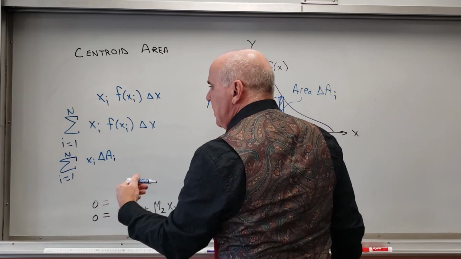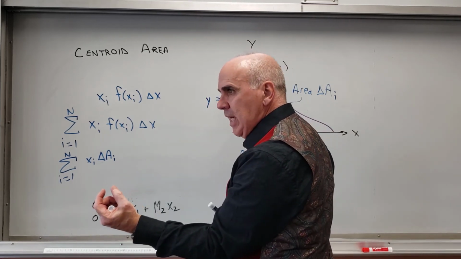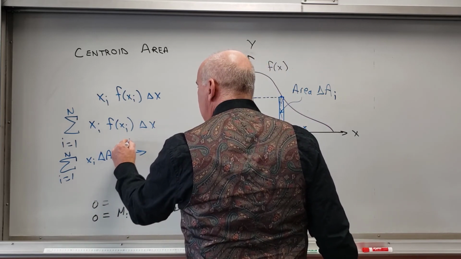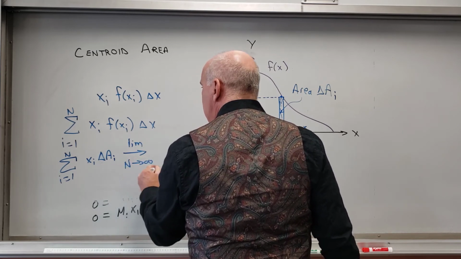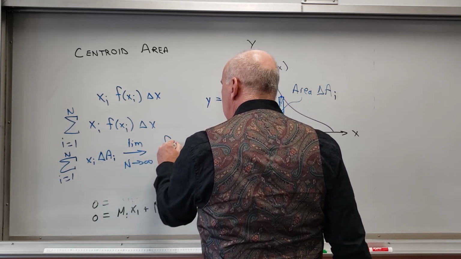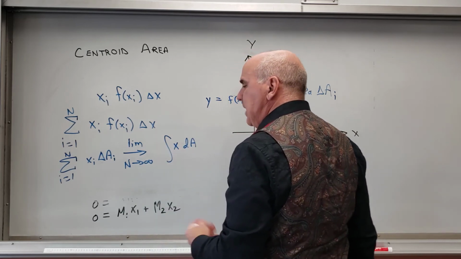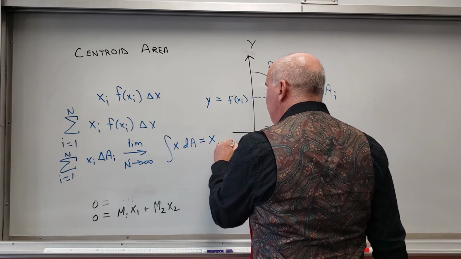If I make n approach infinity, my delta A sub i's are getting tinier, right? So this is the limit as n approaches infinity, and this becomes an integral of x dA. And that's going to be x centroid.